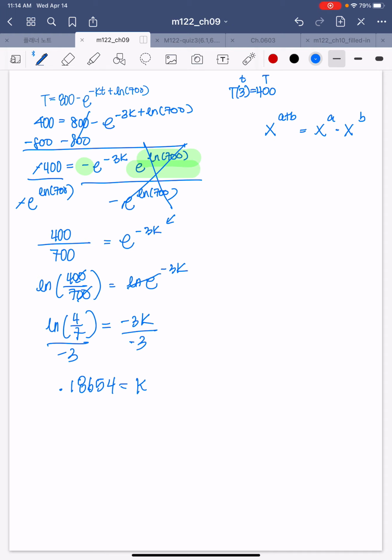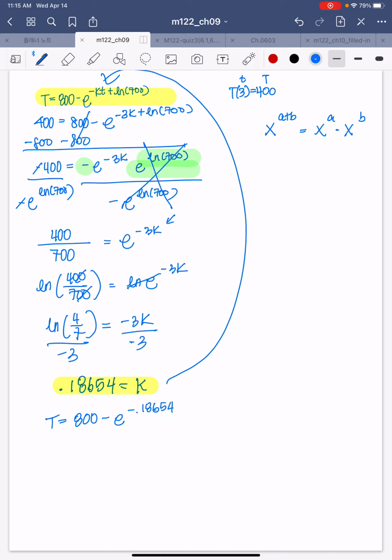Whew. So again, my entire equation, replacing the k, my T function is 800 minus e raised to negative 0.18654 t plus ln 700.